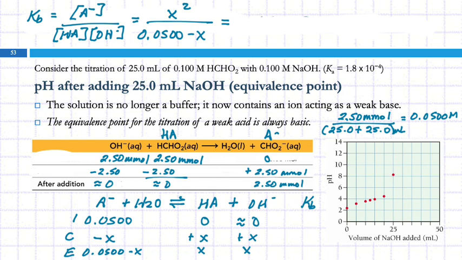And what does that equal? They didn't give us Kb, they gave us Ka. So Kb will equal 1 times 10 to the minus 14 divided by the Ka.